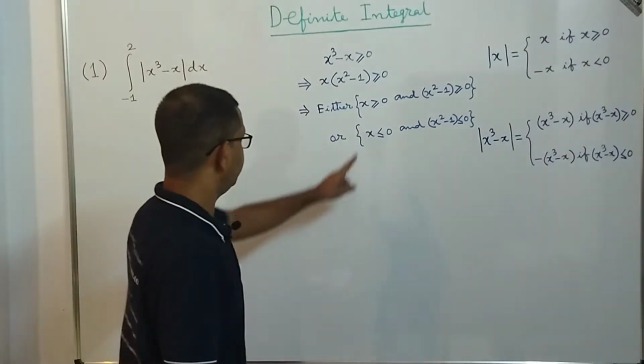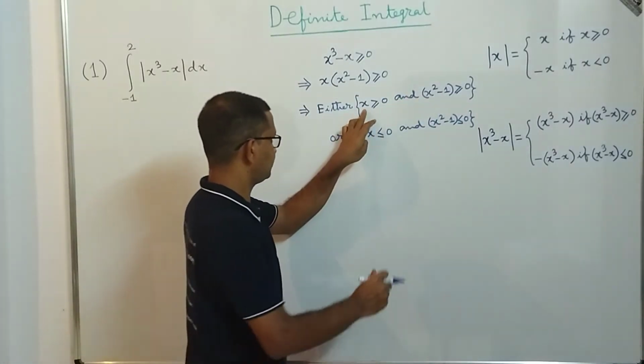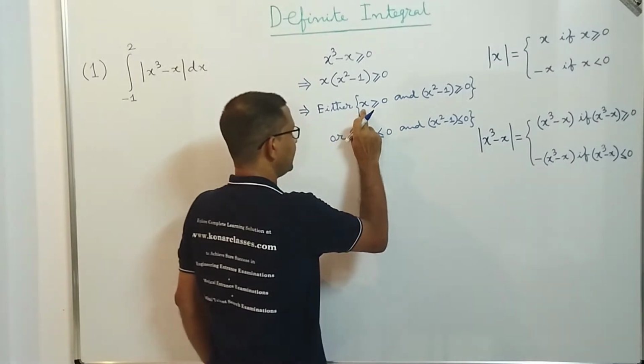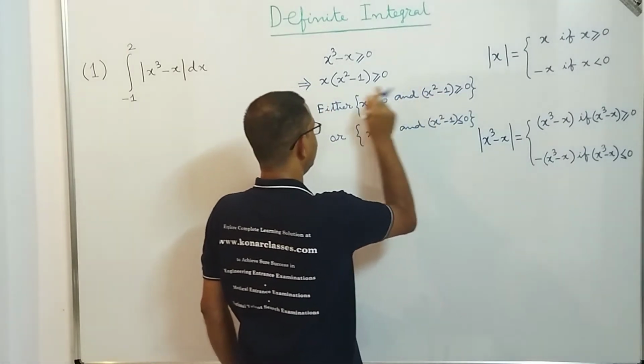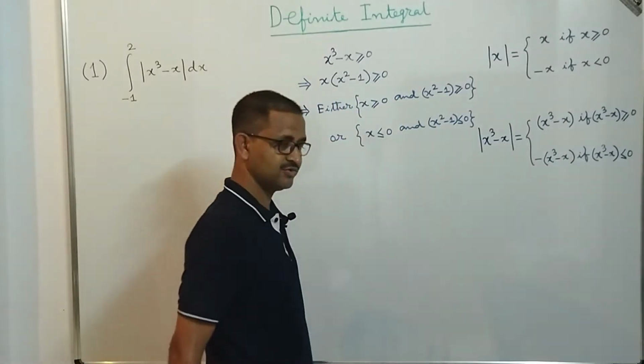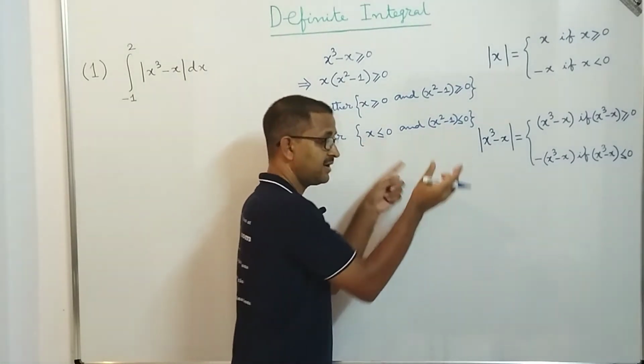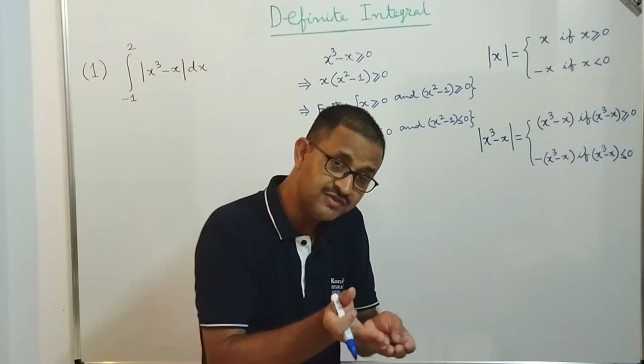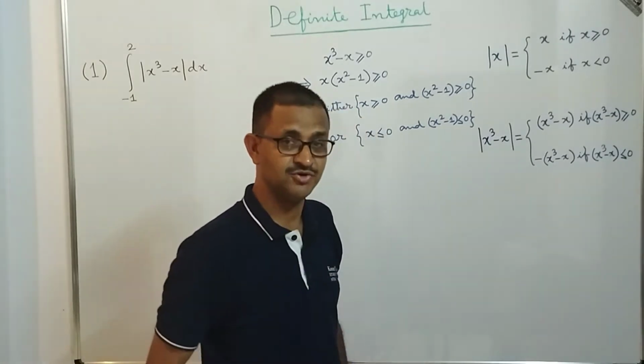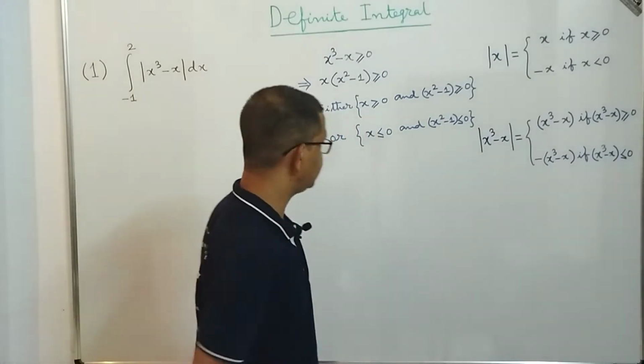Correct? If both the expressions x and x square minus 1 are greater than or equal to 0, then their product is greater than or equal to 0. Or if both the expressions x and x square minus 1 are less than or equal to 0, then their product is also greater than or equal to 0, because negative into negative is positive.